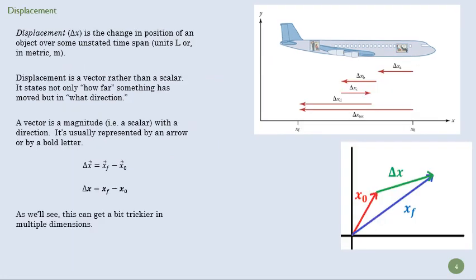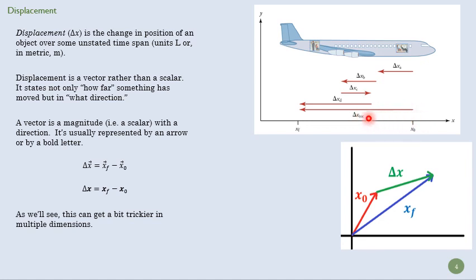Here we are in a particular place. Now displacement is a change in position. Okay, so when I walk back from my first class cushy seat here back to the smelly bathroom back here, I've changed my position, and that is a vector. What does that mean? Well, it means that I moved in a particular direction.